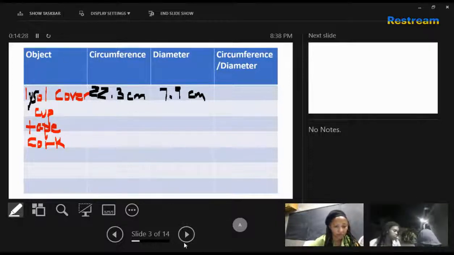What's happening, John? It's 28 centimeters for the cup circumference. What's the diameter?